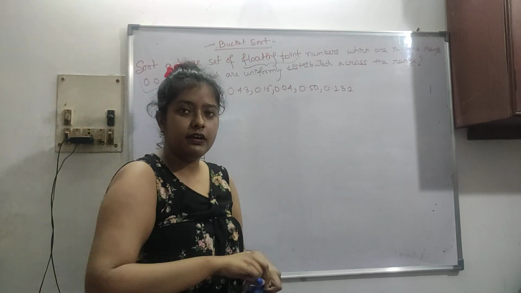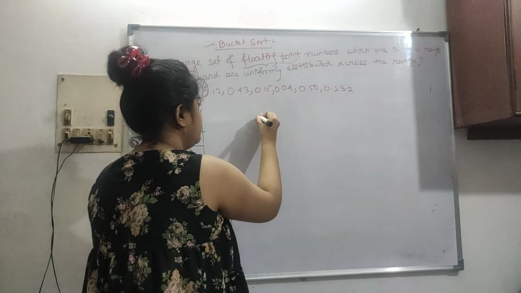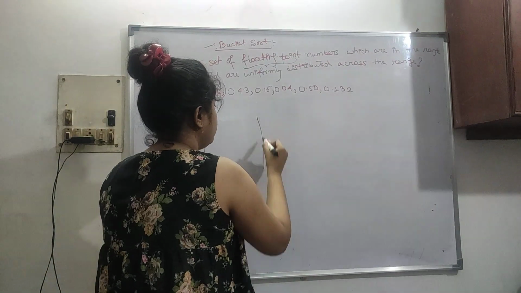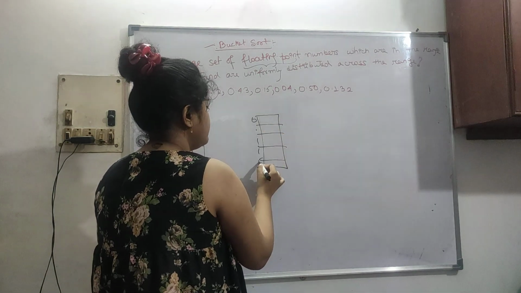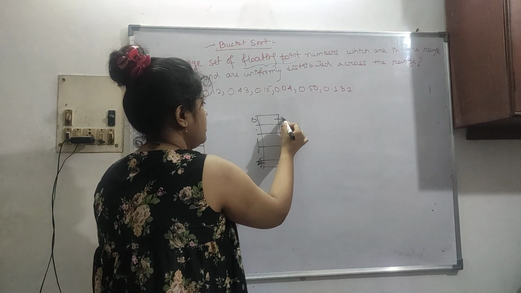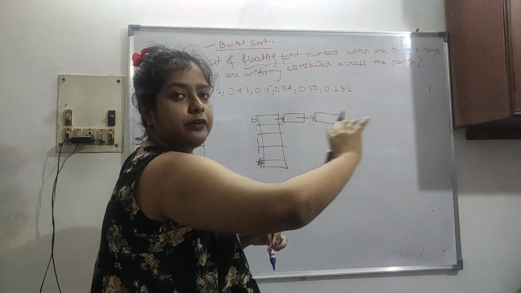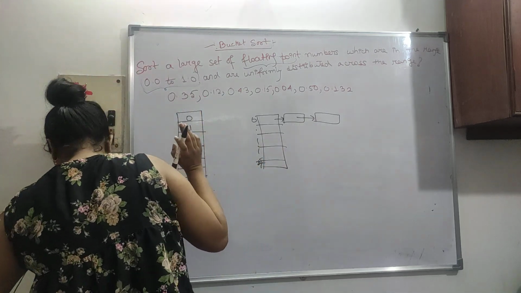If you remember, we have done chaining in hashing. In hashing, there are some slots like 0 to, let's say, 7. In this, we had to put things in a linked list kind of order. So now the same thing is applied here also.